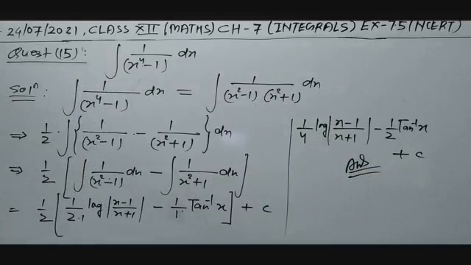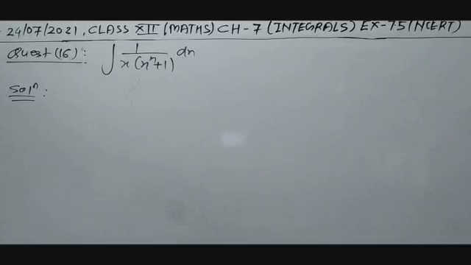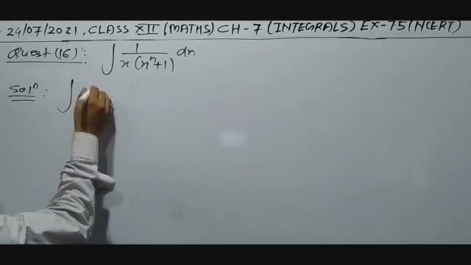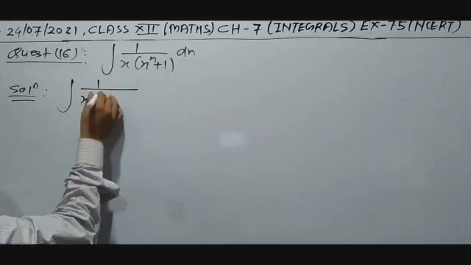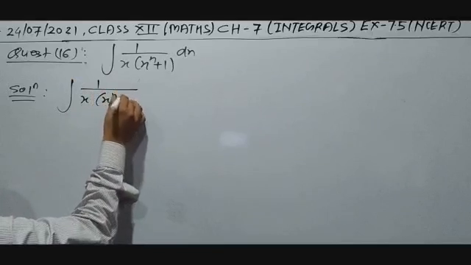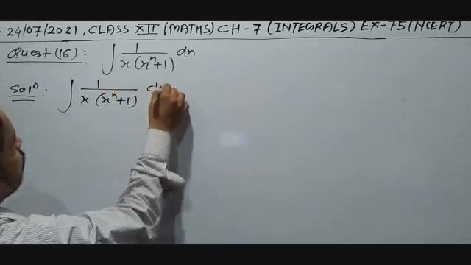Now come to question number 16. Question number 16 is integration of 1 upon x to the power n plus 1 dx. So write the integral part, which function I have to integrate: 1 by (x to the power n plus 1) dx.